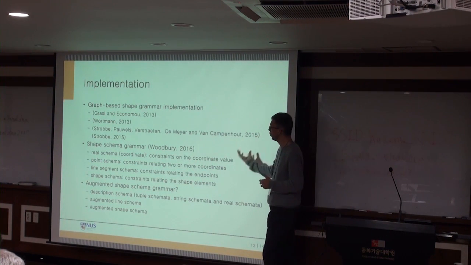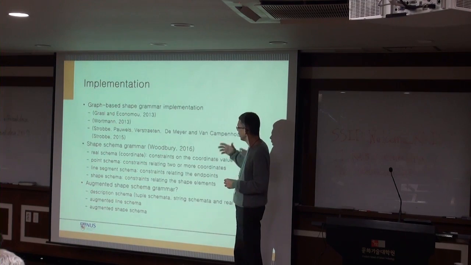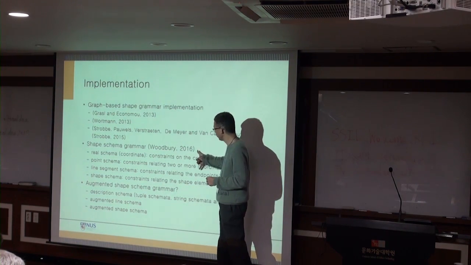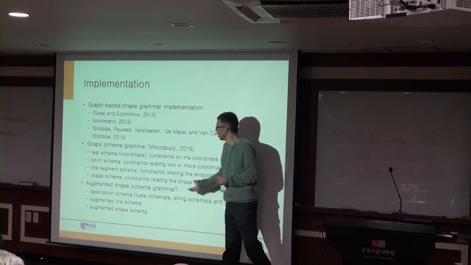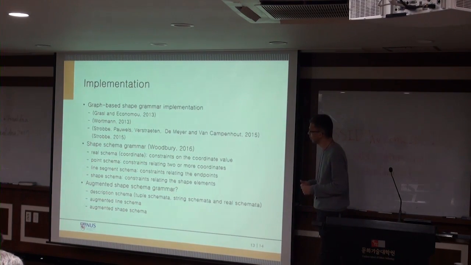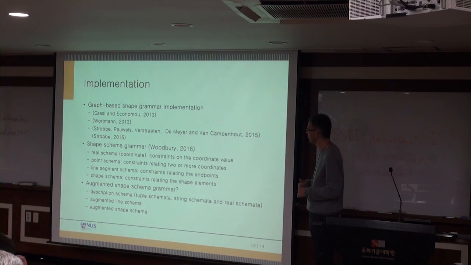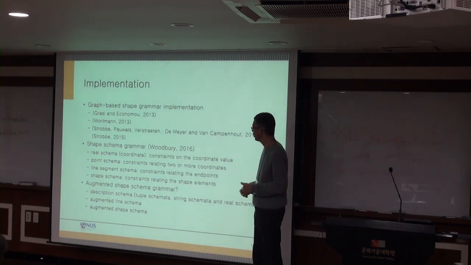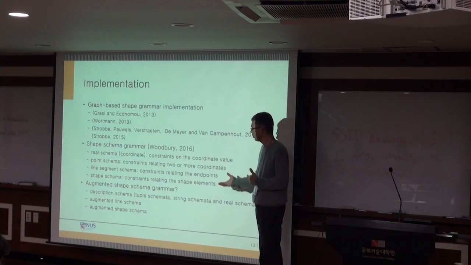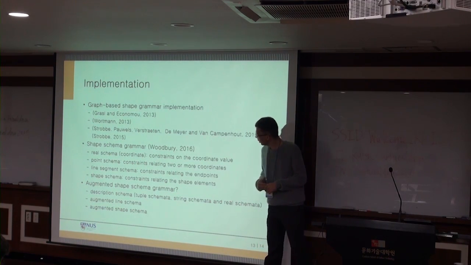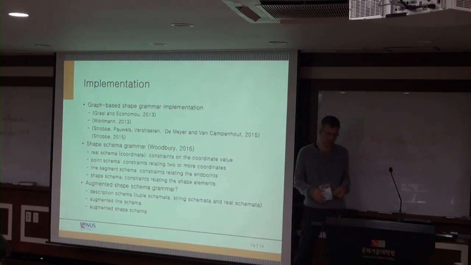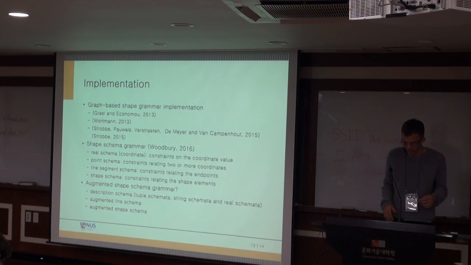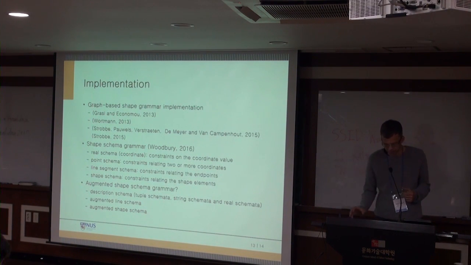And in order to, for example, do the labeled line segments, this would then need to be extended into maybe something called an augmented shape schema grammar, where you can also have a description schema schemata that you can then attach or assign to line schemata or shape schemata.